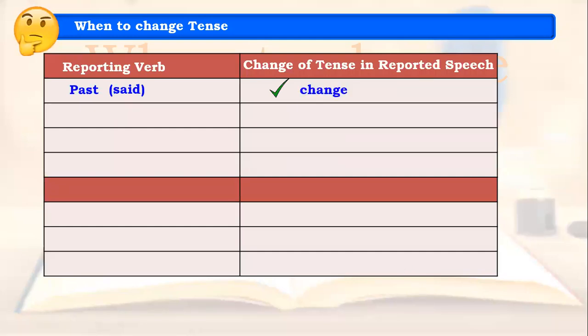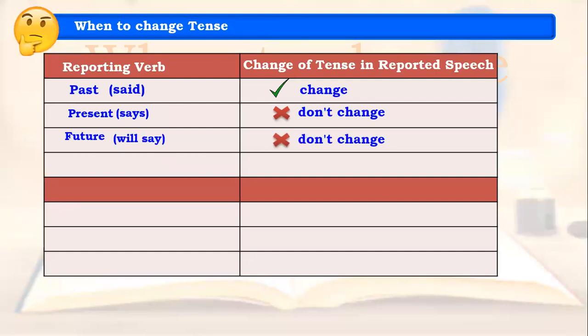Now, in which cases can we not change the tense? If the bahar ka verb or reporting verb is in present tense, or if the bahar ka verb is in future tense, even in such a case, we cannot change the tense.